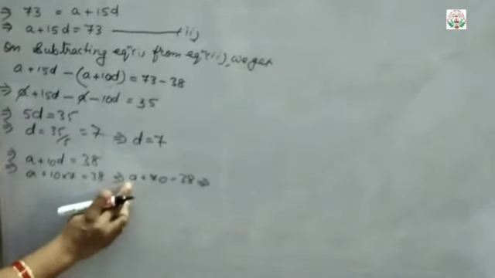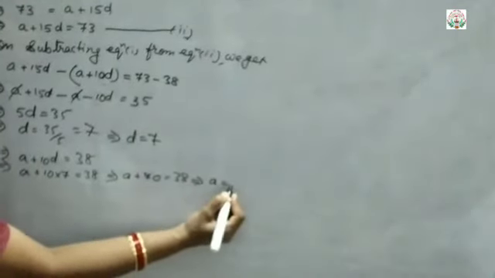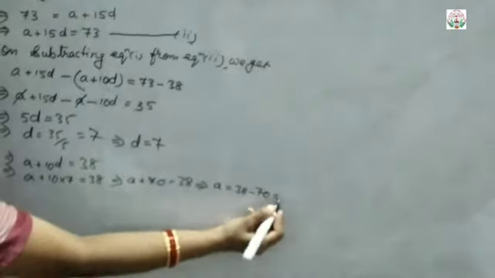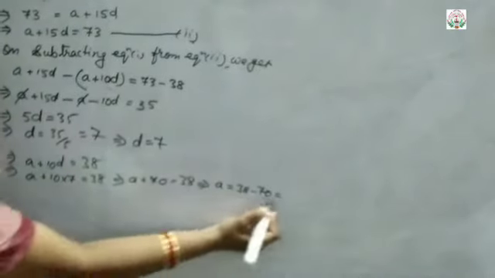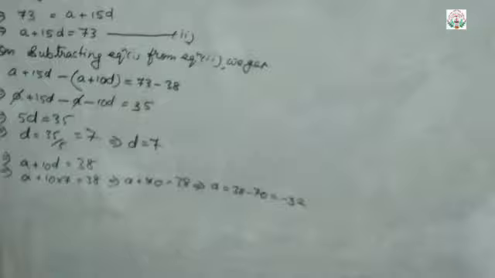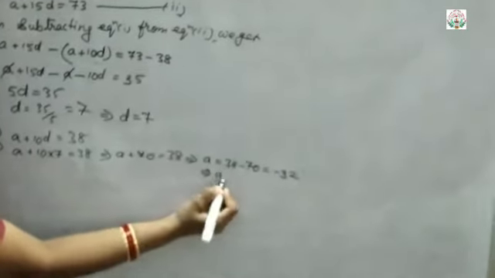Implies keep the variable A here and transpose this to that side. So A equals 38 minus 70, which equals how much? On subtraction you will get minus 32.